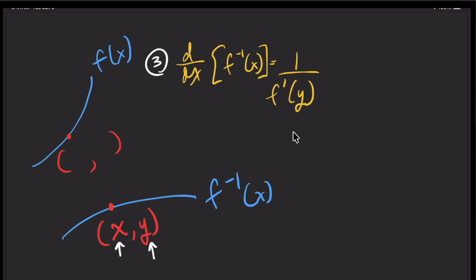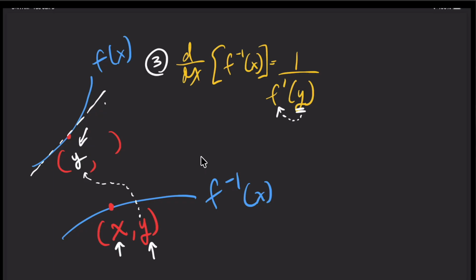And you're going to take the y value on the inverse function, the output on the inverse function, and you're going to plug that in to the f prime equation. And whatever you get here is going to be in the denominator. Okay, so that's tantamount to having this y value here and taking the derivative, f prime, getting f prime of y, because that will be the input.